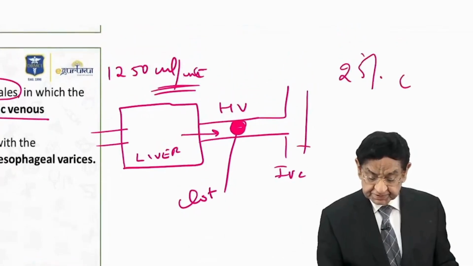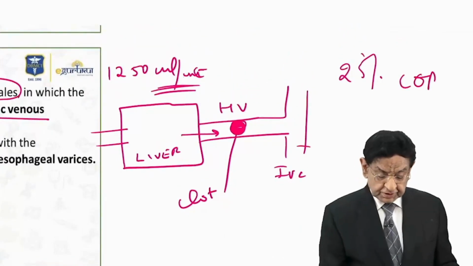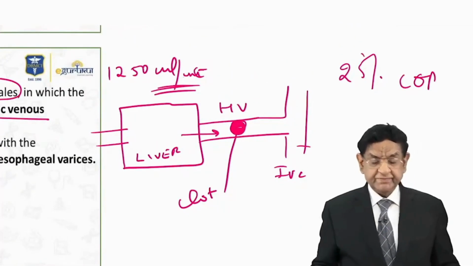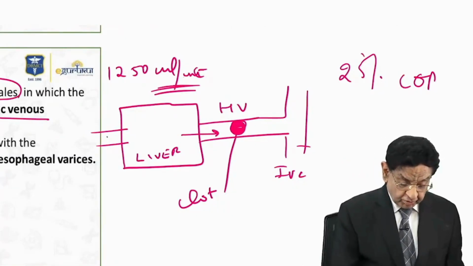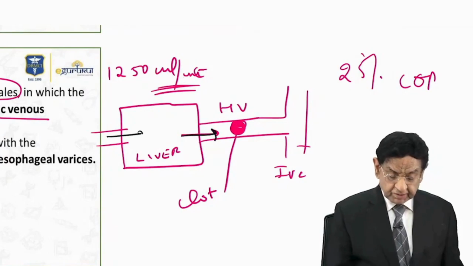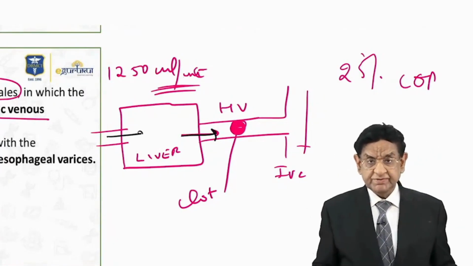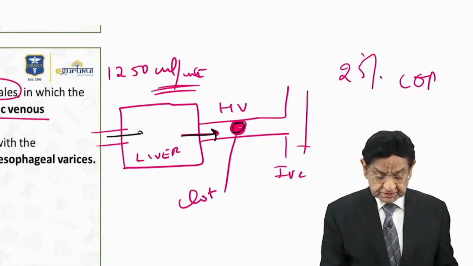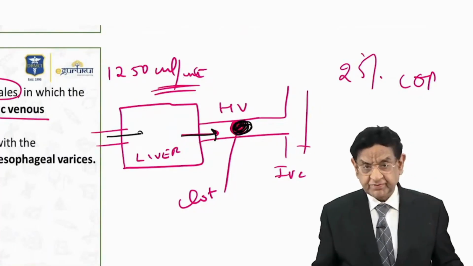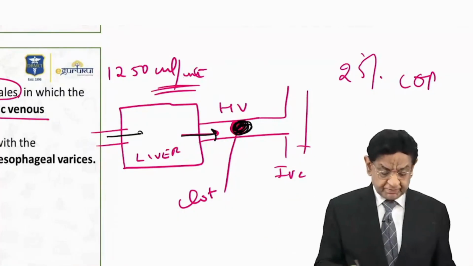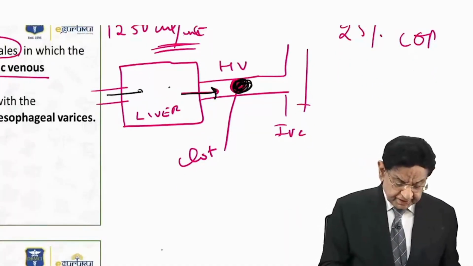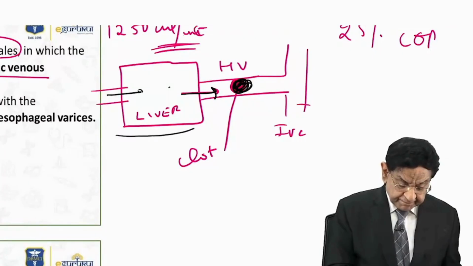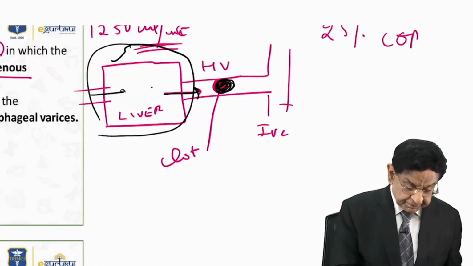Definitely the same amount of blood which is entering the liver will also be coming out of the liver. Now if there is a sudden blockage of this hepatic vein by clot formation, a huge amount of blood will accumulate. Immediately the liver will try to expand like a balloon.